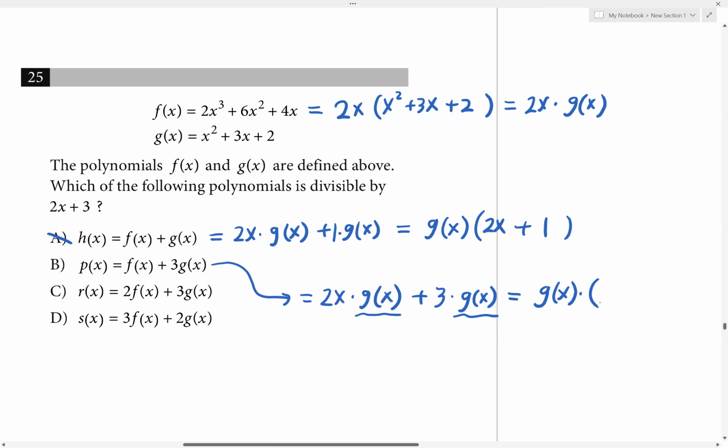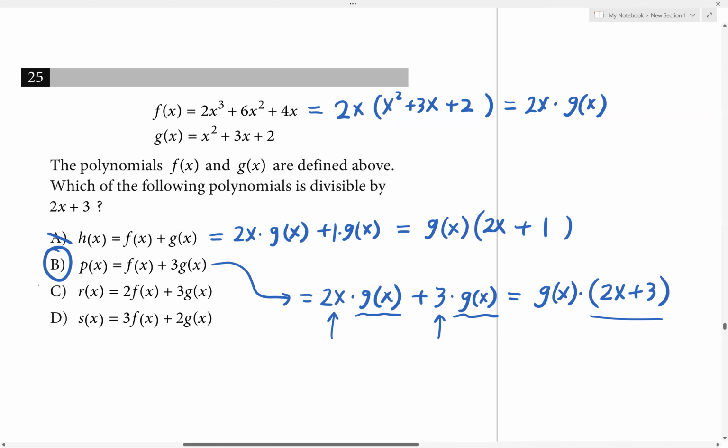And what do we have left? Well, we have a 2x and a 3, so it'll be 2x plus 3. And there is our 2x plus 3, that's what we've been looking for. So we know 2x plus 3 is a factor here, so it should be divisible by this function. So letter B is correct.